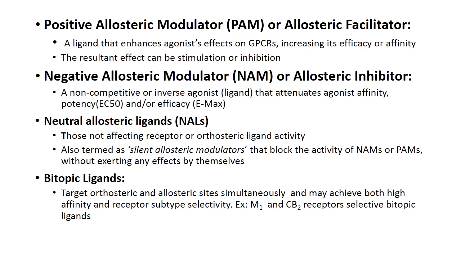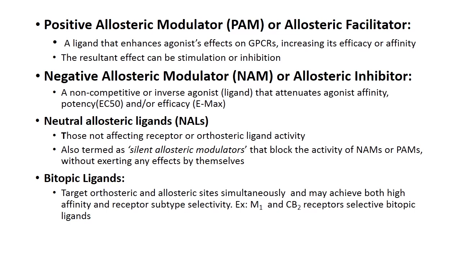Conversely, a negative allosteric modulator, NAM, or allosteric inhibitor, is a non-competitive or inverse agonist ligand that attenuates agonist affinity, potency, or efficacy. So these are the differences between a positive allosteric modulator and a negative allosteric modulator.